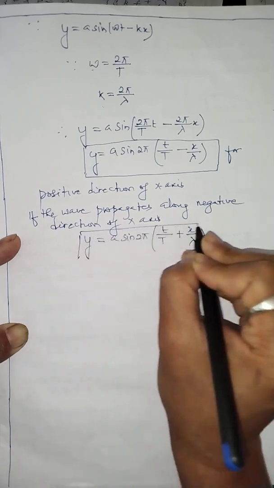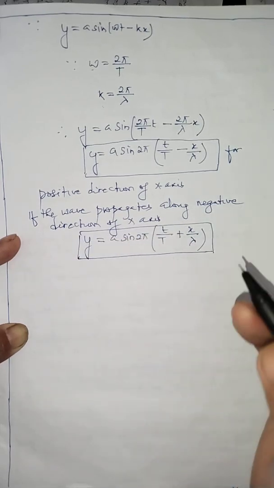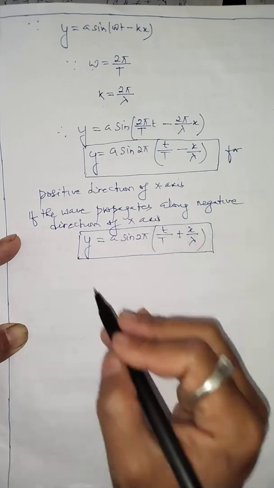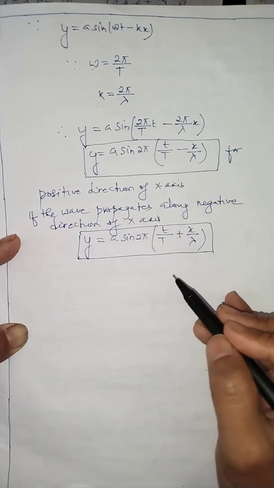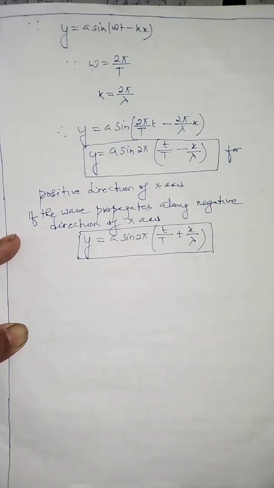So for the negative x-axis direction, the displacement equation of a plane progressive harmonic wave can be written by this. These two relations are in terms of time period and wavelength.